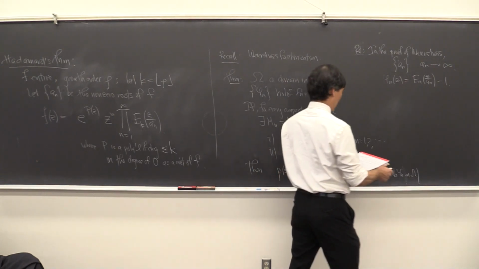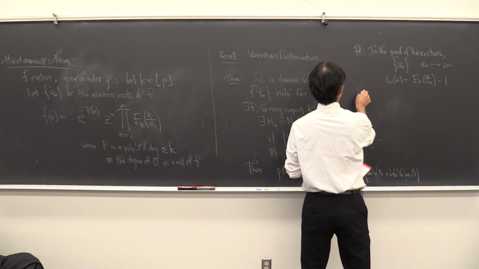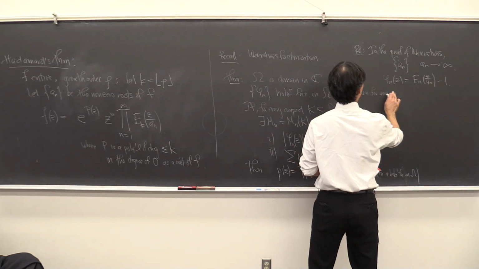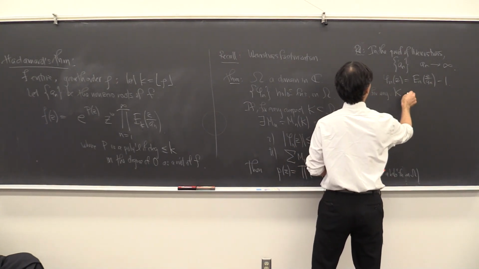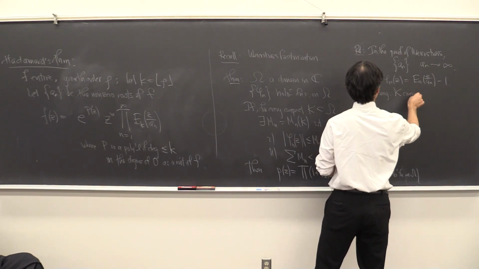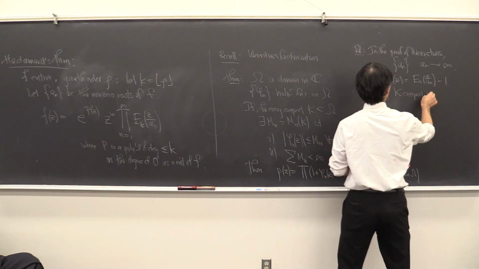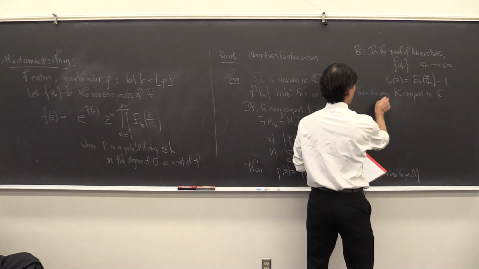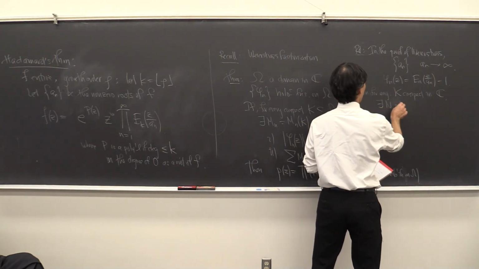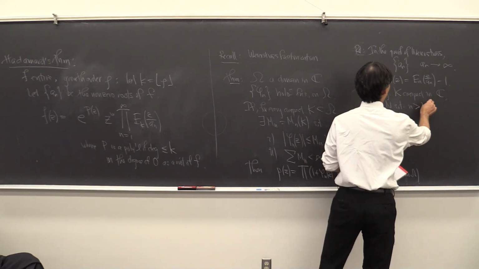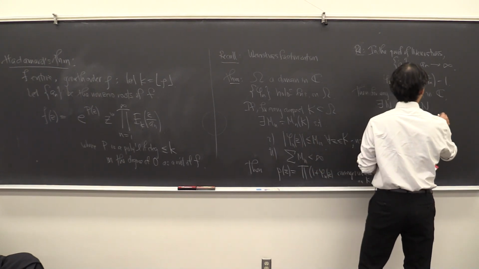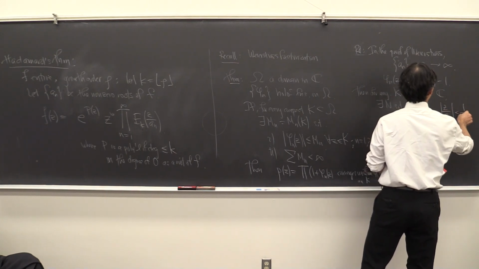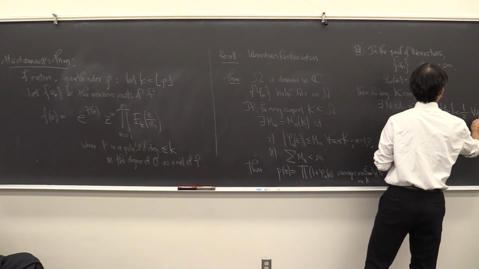And then for any compact K in C, there existed some N such that for n greater than N, we had z over a sub n smaller than half for all z in the compact set.